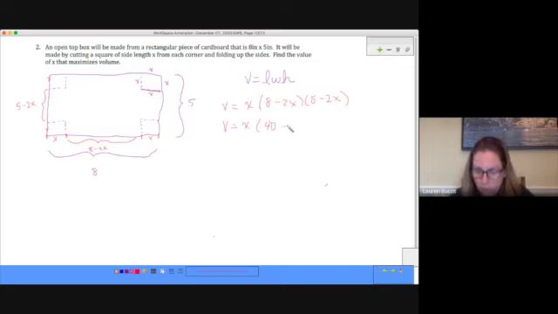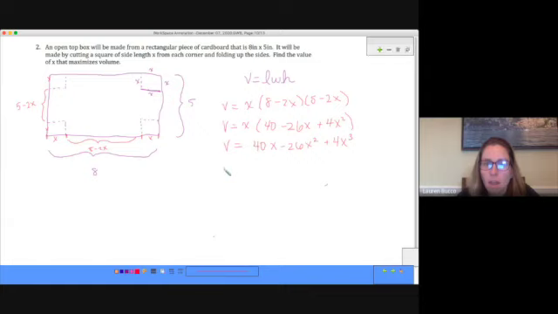Yep, minus 26X plus 4X squared. And again, I don't want to use the product rule. Again, that's just preference on my end. Some of you might say product rule's fun here, Mrs. Bucko. Let's go ahead and do it. Okay, now multiplying the X back in: 40X minus 26X squared plus 4X cubed. Is that what I have in my paper? Yes, it is. Okay. Now I'm ready.